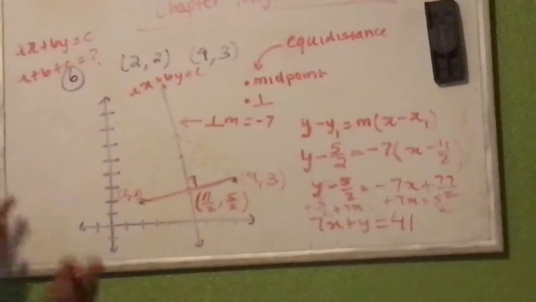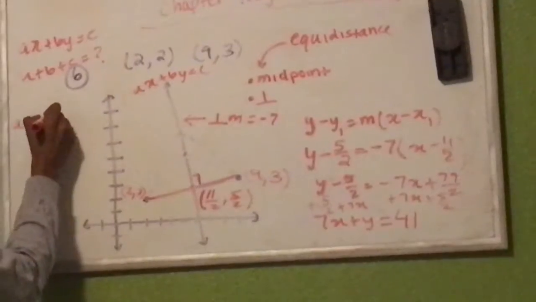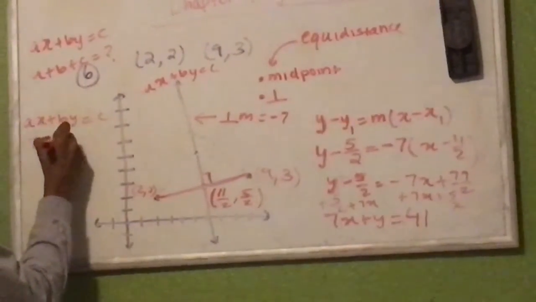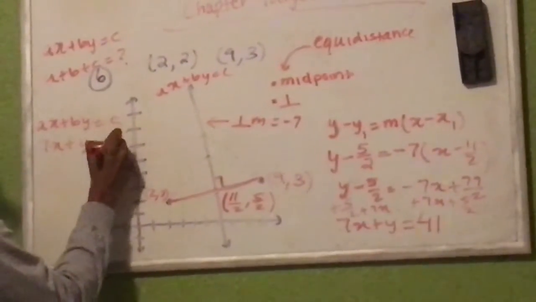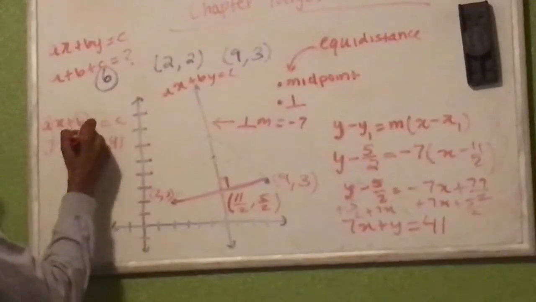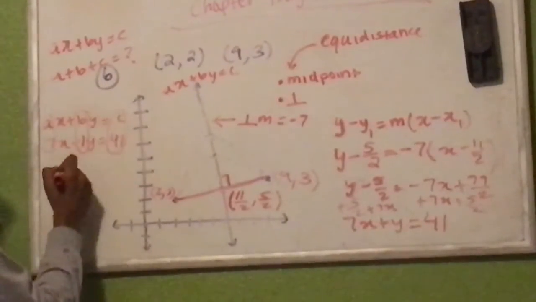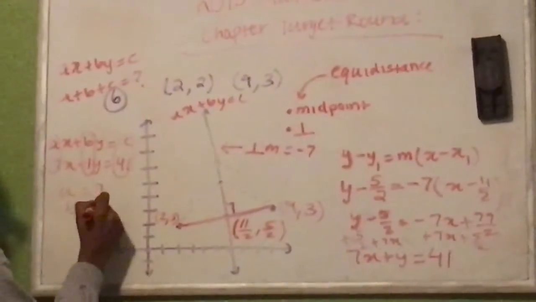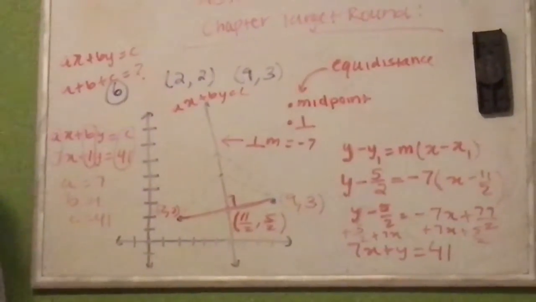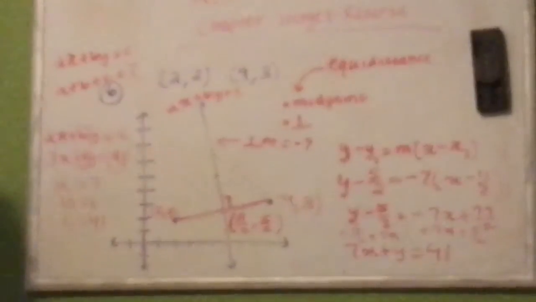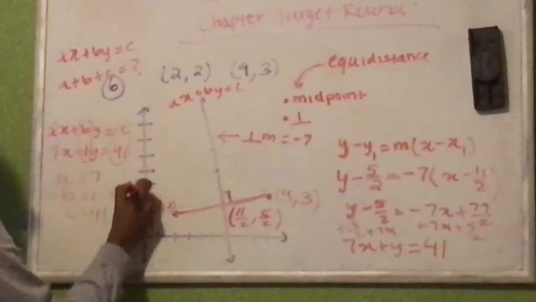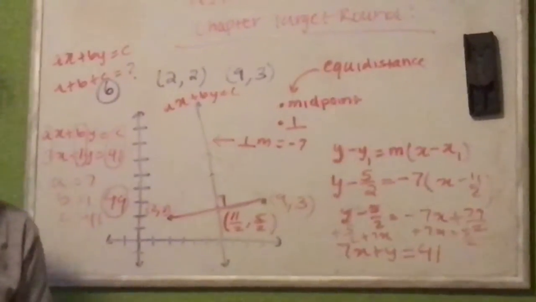So now ax plus by equals c has translated to 7x plus y equals 41. Therefore, we know that a is 7, b is 1, c is 41. And because the problem is asking for a plus b plus c, you would add these up and you would get 49. 49 should be your answer.